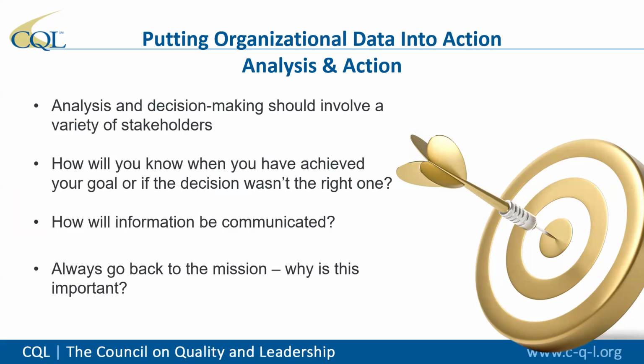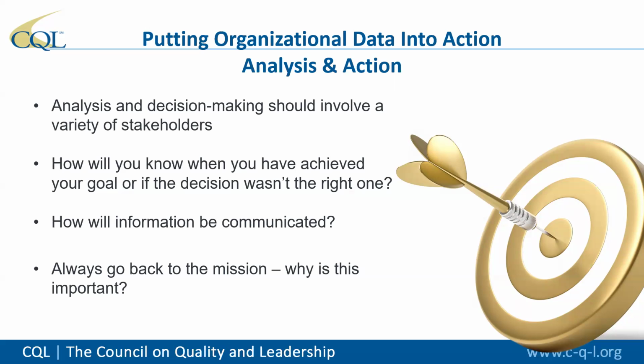If you want to make good decisions, you have to understand what others are seeing. So you really need to involve a variety of people in the analysis and the decision making. Also, some things you're going to want to ask yourself: how will you know when you've achieved your goal, or if the decision wasn't the right one? Because sometimes even with the best data, the right decision isn't made, and that's okay. So how are you going to know when you've achieved that goal or you need to shift gears?